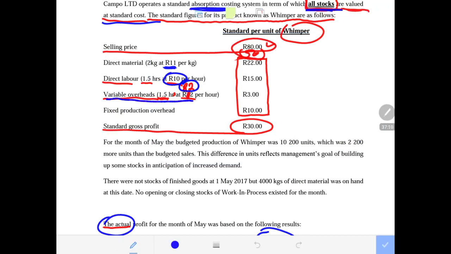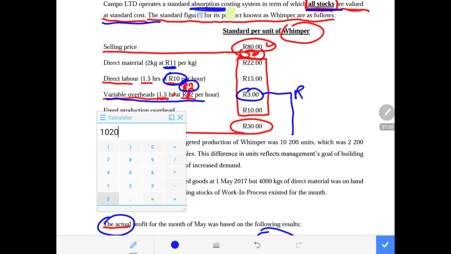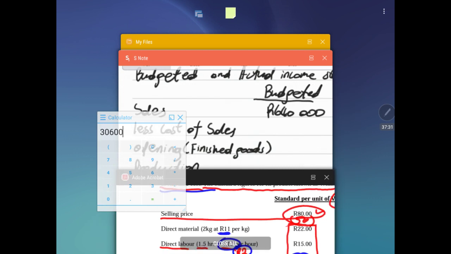Our variable overheads are 3 rand per unit. How many units do we budget to manufacture? 10,200 units. Multiply this by 3, and it gives 30,600 rands as my budgeted variable overheads.